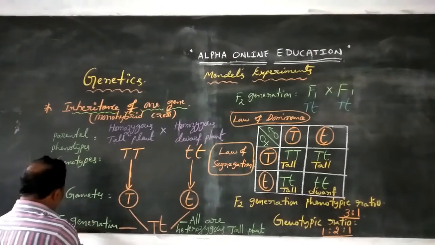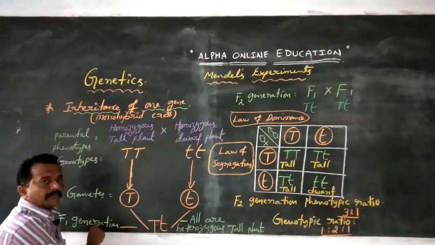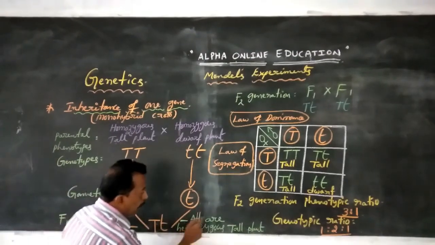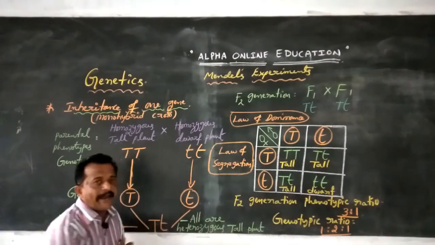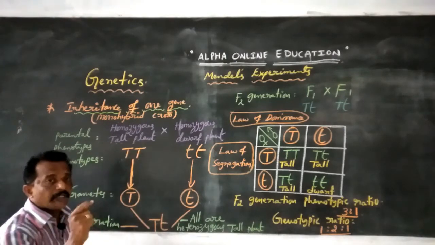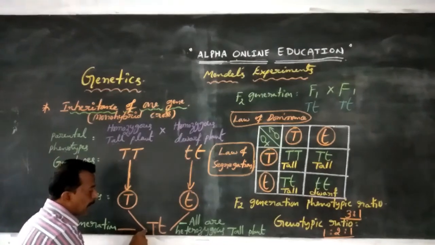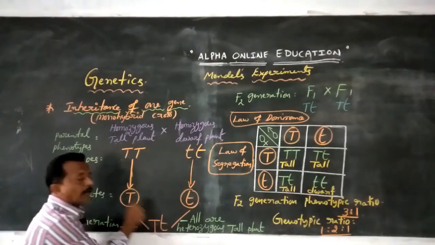So in the F1 generation, phenotypically all are heterozygous tall plants, but genotypically capital T small t.